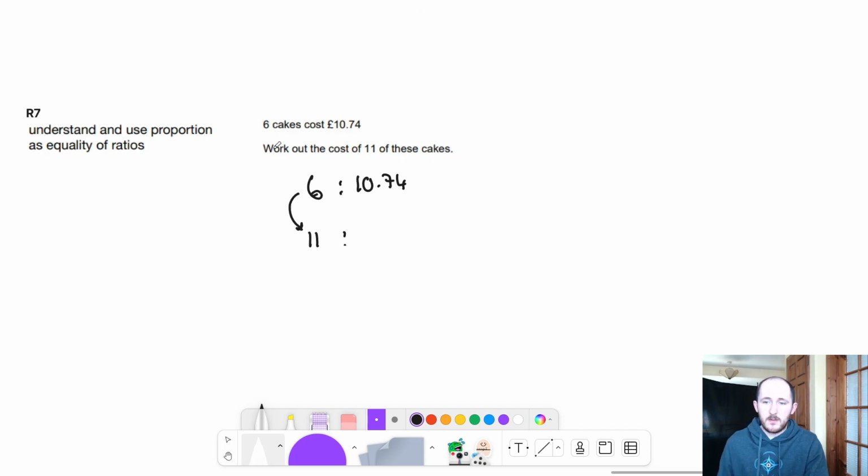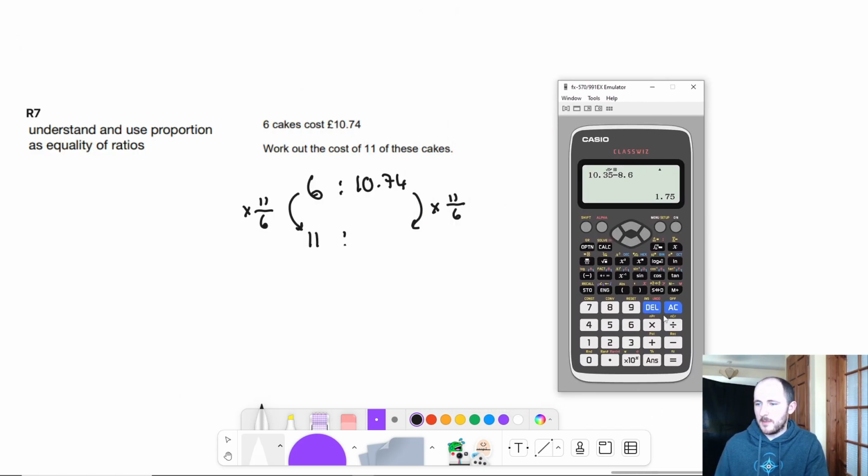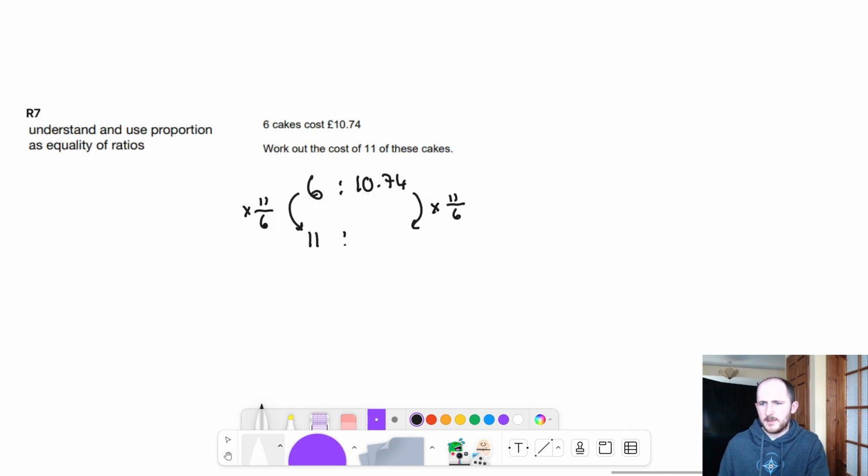And how do I work that out? Well, simple. You just divide the 2 numbers. And you do that to the other side as well. This was, by the way, a calculator question. So, you know, good old lazy boy Mitch can just use his calculator. Times 11 over 6, which is £19.69.